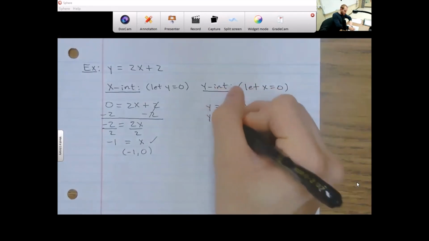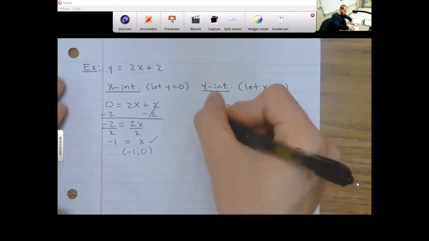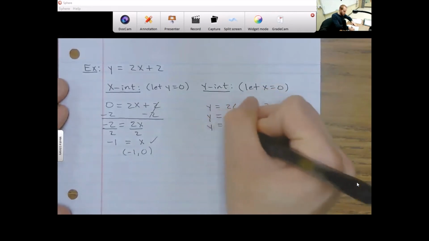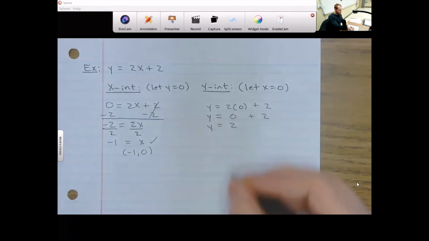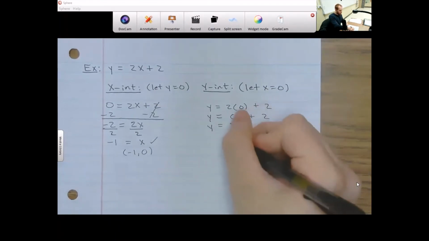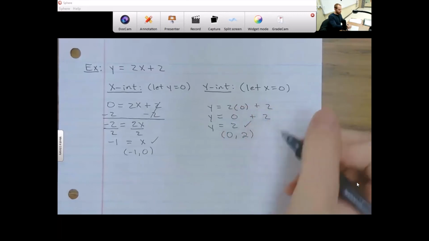So I get y equals 0 plus 2. Got it? Okay. So now what's 0 plus 2 going to be? 0 plus 2 is going to be 2, obviously. So I get y equals positive 2, right? So this is going to be my y-intercept. So if my x is 0, my y is going to be 2.